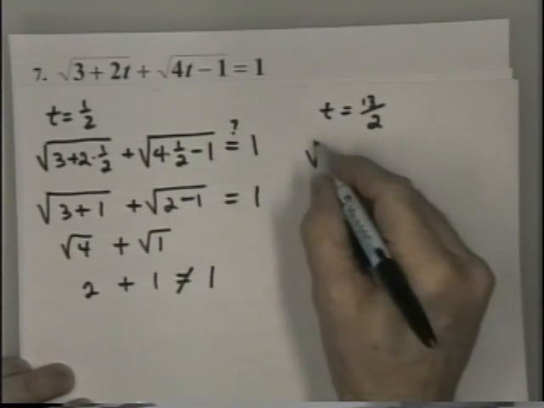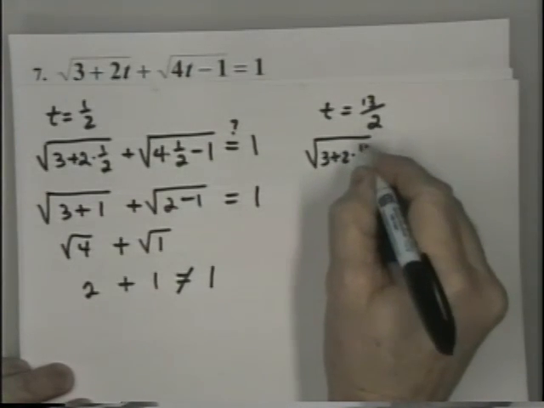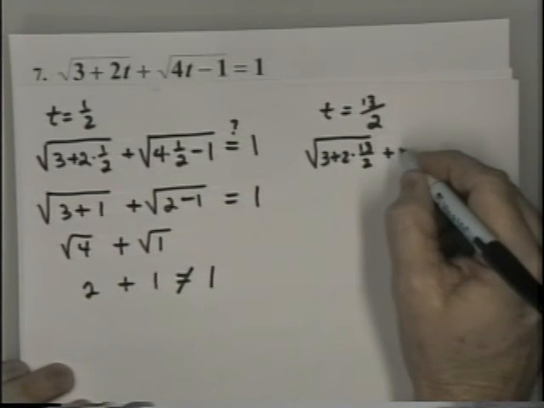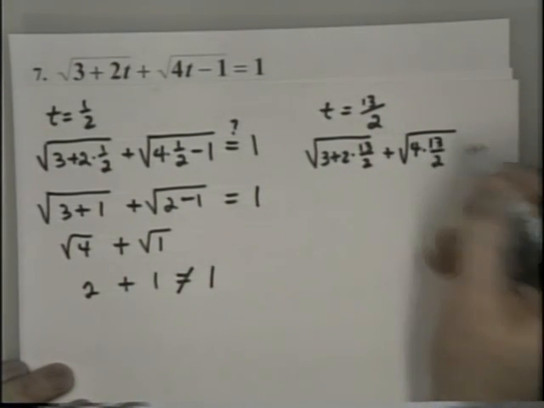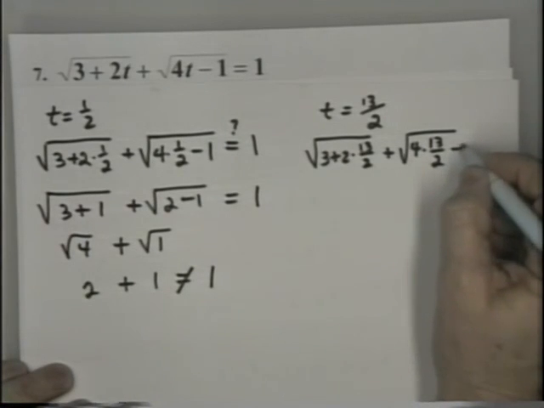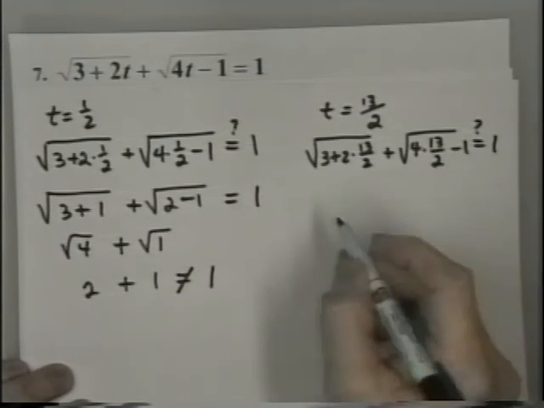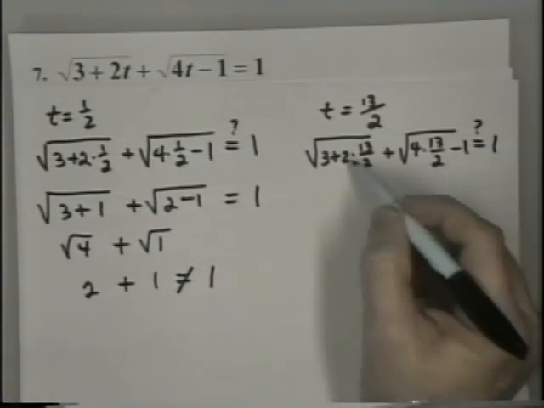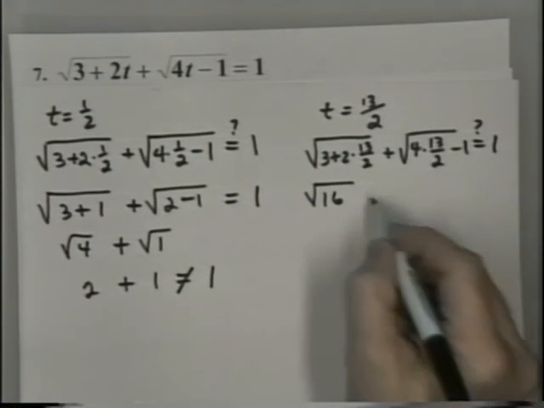Okay, that would be the square root of 3 plus 2 times 13/2 plus the square root of 4 times 13 halves minus 1. Again, I want to know, is that equal to 1? The 2's divide out here, and so that leaves just the square root of 16.